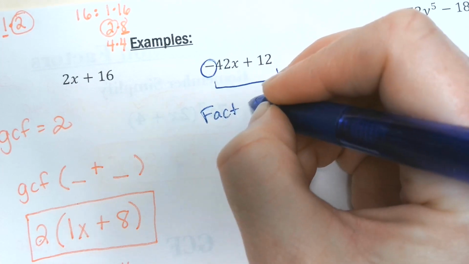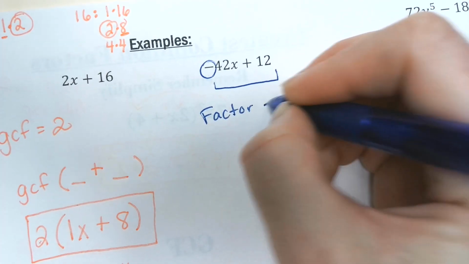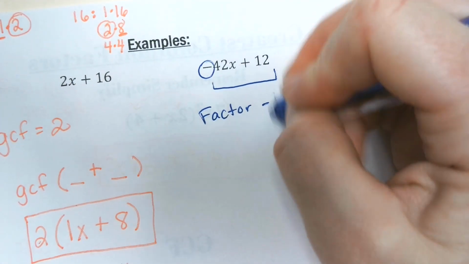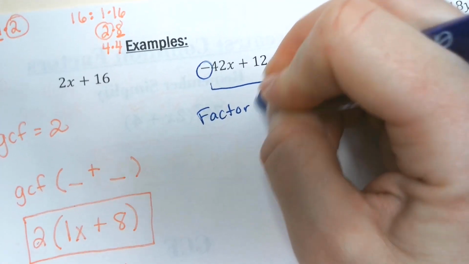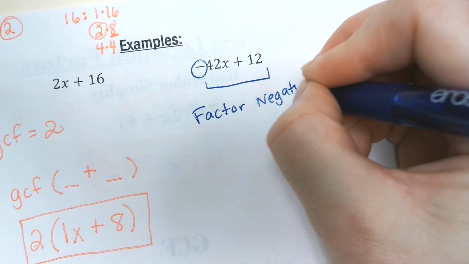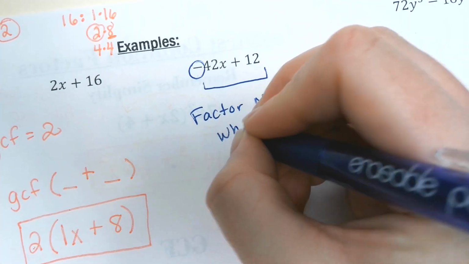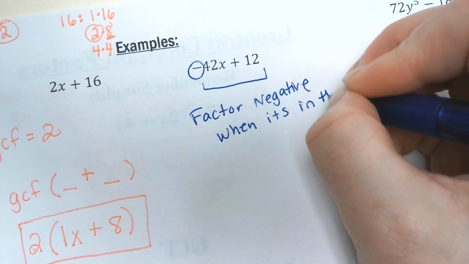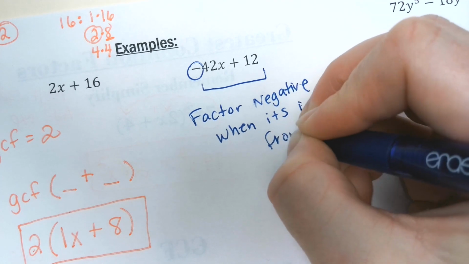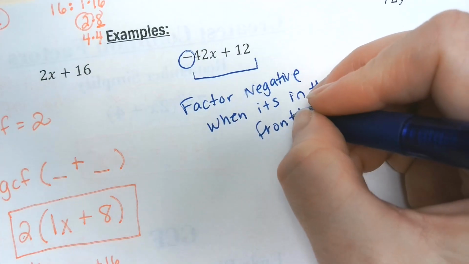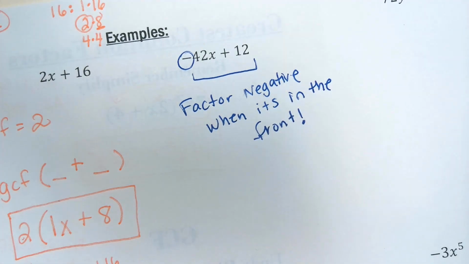Factor out the negative when it's in the front. That's just a math rule. So you're going to pull it out.